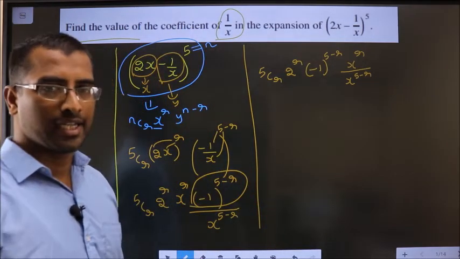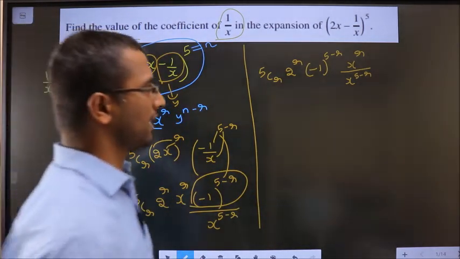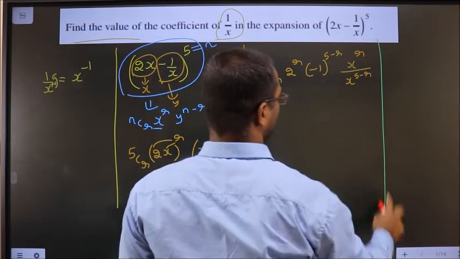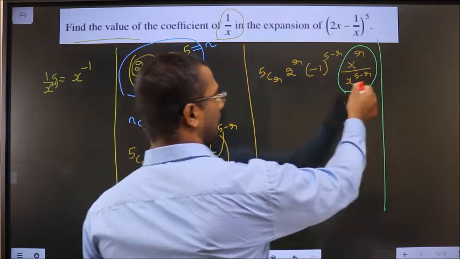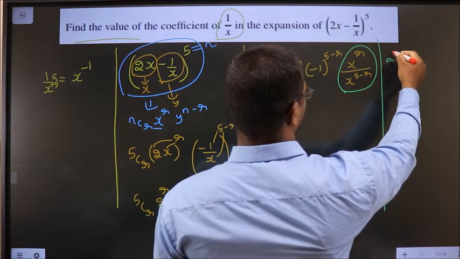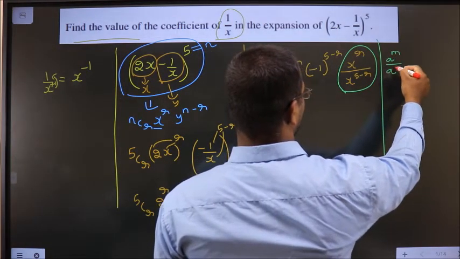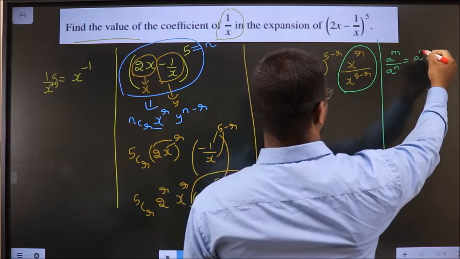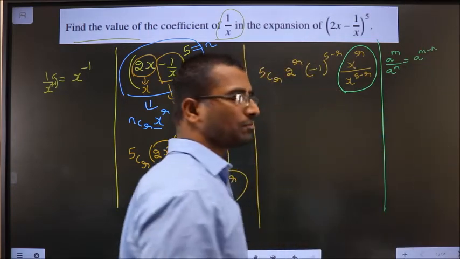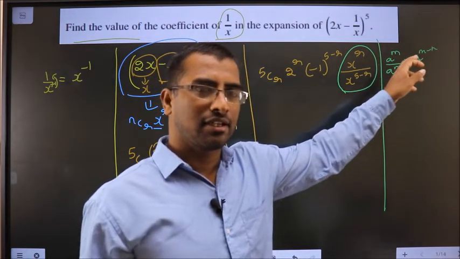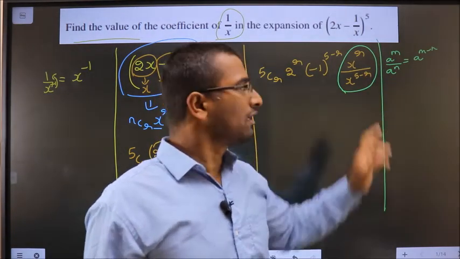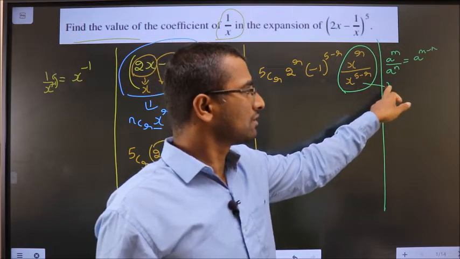Next, how do we simplify further? I can simplify this. What formula can I apply here is a power m by a power n is a power m minus n. Bases are same, division, so subtract the powers. Apply that formula to this.